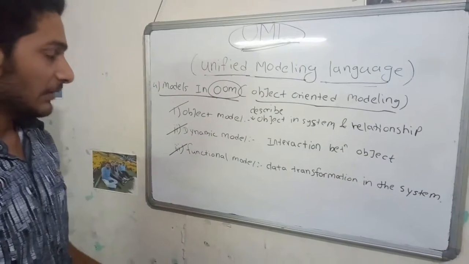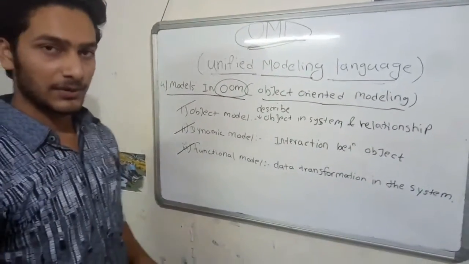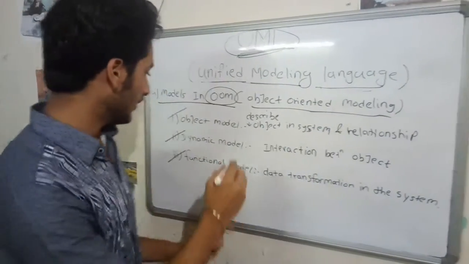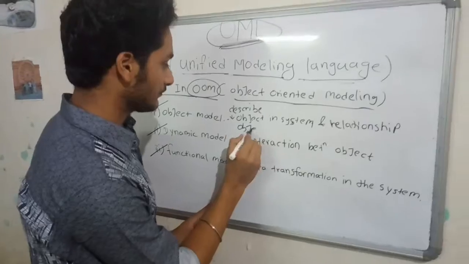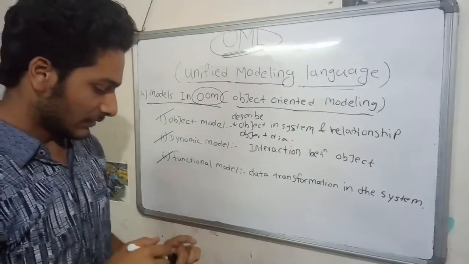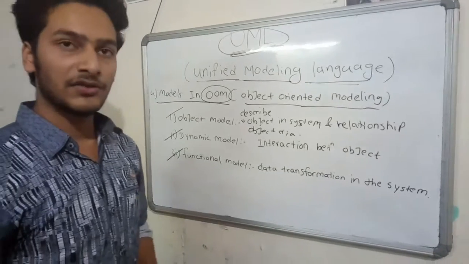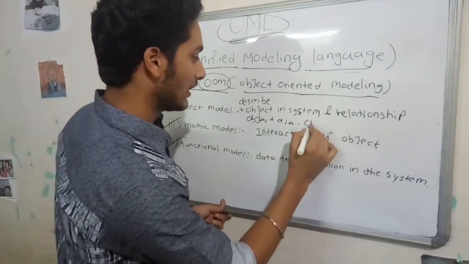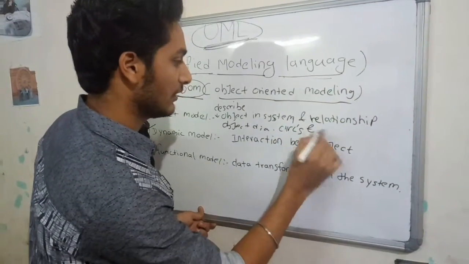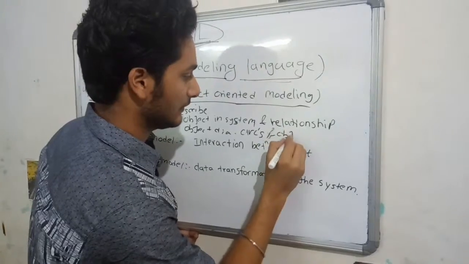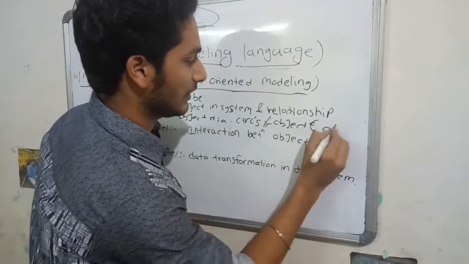The object model describes the objects in the system and their relationships. The object model consists of an object diagram, which is a graph whose nodes are objects and classes and whose arcs are relationships.